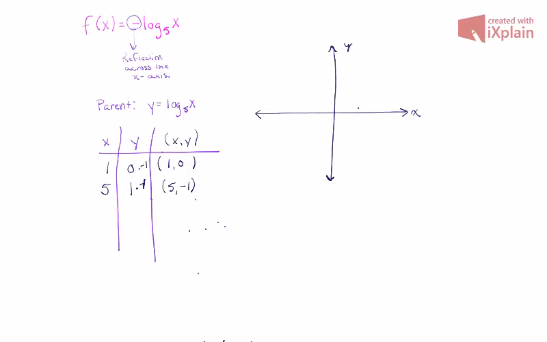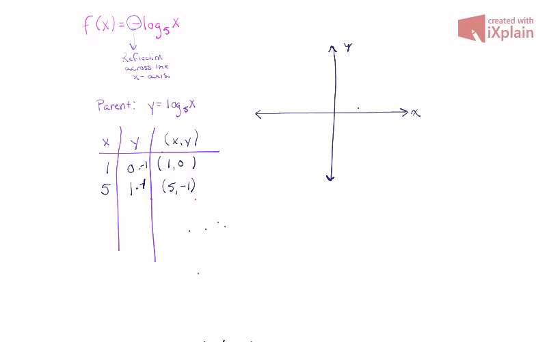One thing that we want to note as well is the asymptote. The asymptote for a log function usually rests right on top of the y-axis. And the only time that we're ever going to see it move away from the y-axis is if we do some sort of horizontal transformation, moving it left or right.